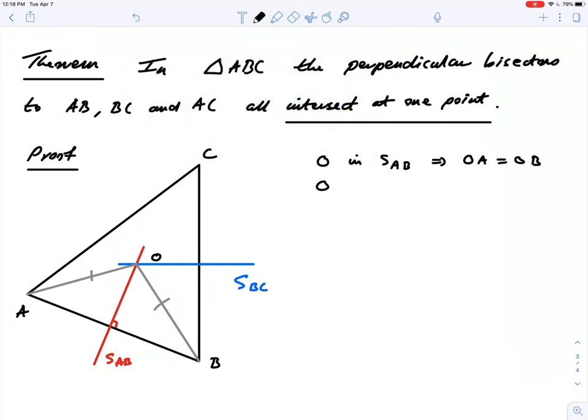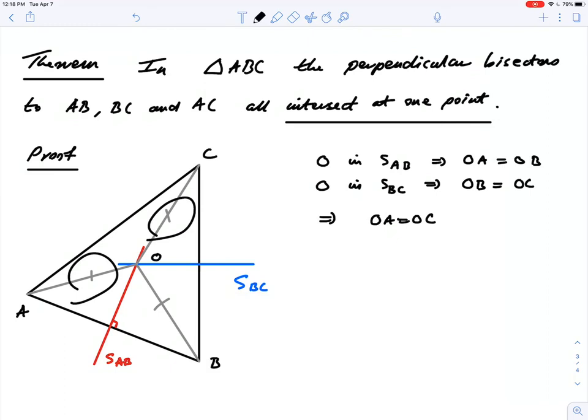But it's similarly on SBC. So that means it has to be the same distance between B and between C. So that means the distance from O to B and the distance from O to C must be the same. So what does this tell you? Well, putting these things together, this implies that OA must be equal to OC.